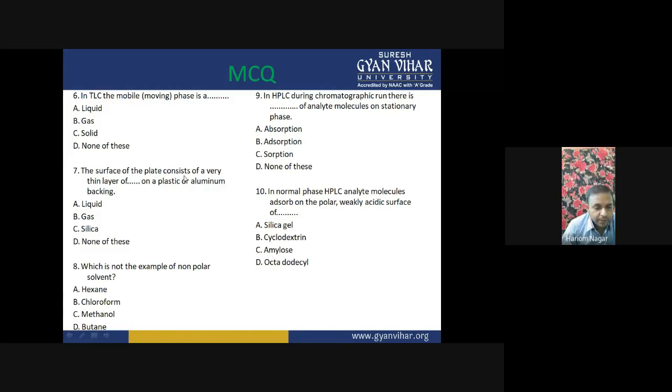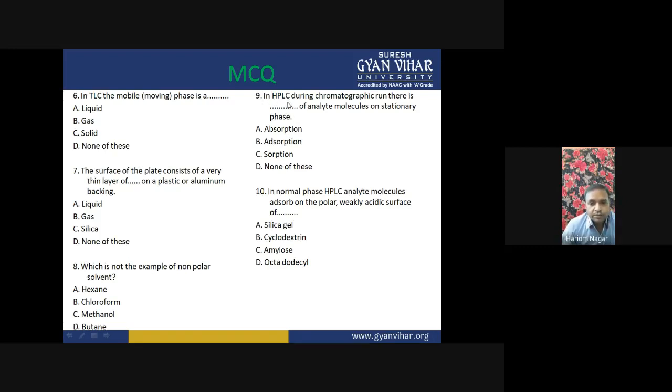Which is not an example of a non-polar solvent? Chloroform is non-polar, butane is also non-polar, but methanol is a polar solvent, due to the presence of the OH group. The OH group is polar due to the electronegativity difference between oxygen and hydrogen.